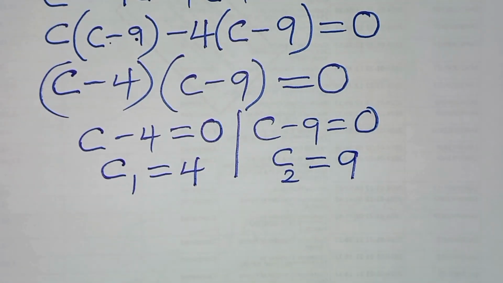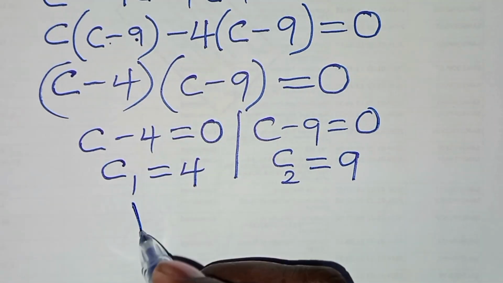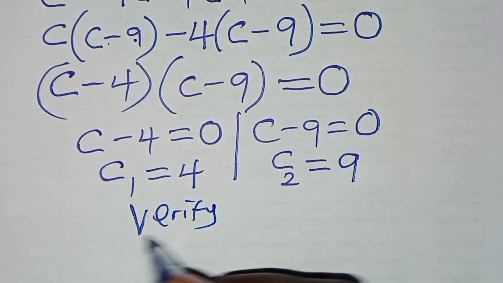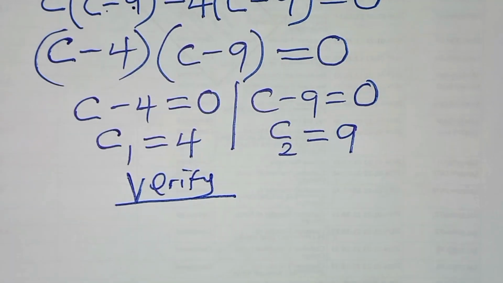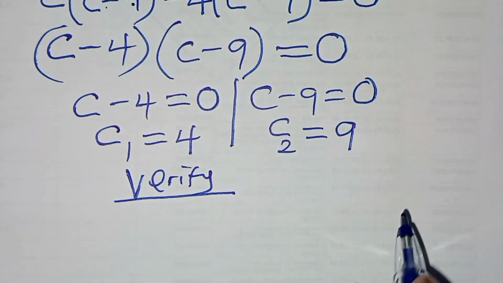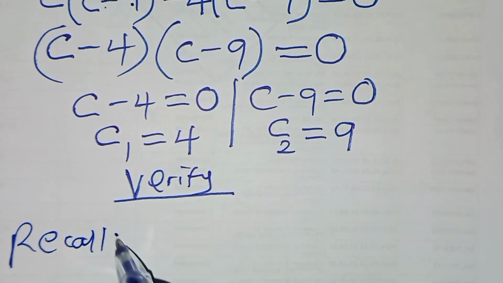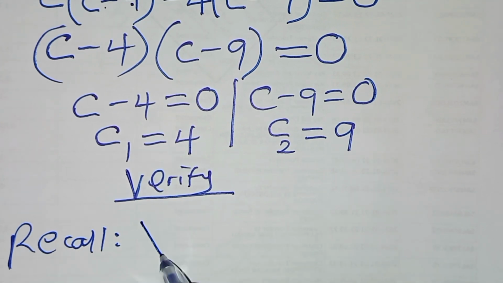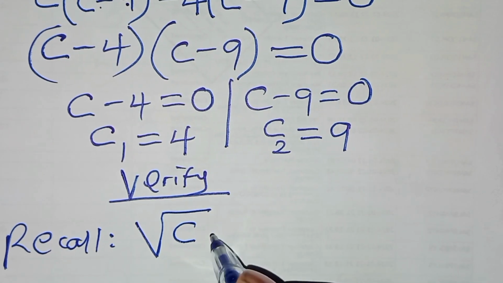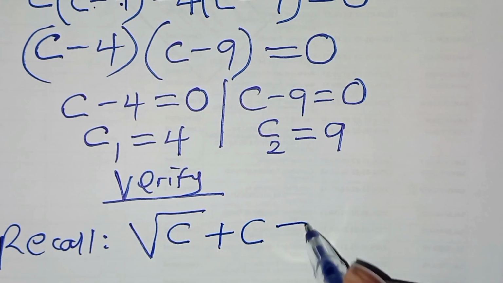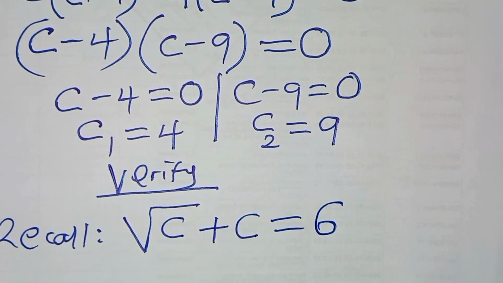So the next step here is to verify that c1 and c2 satisfy the equation. Now, if you recall, we started with the square root of c plus c. This should give us a value of 6.